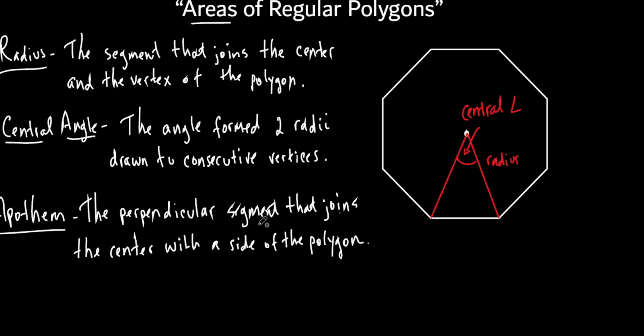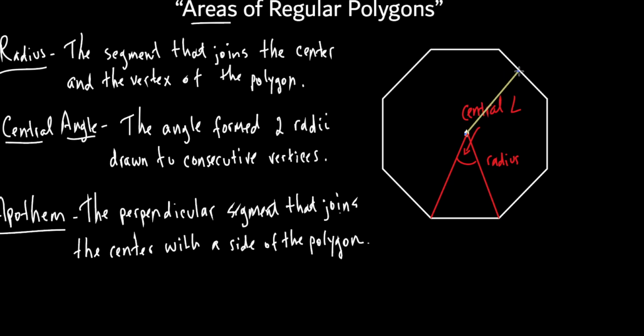All right. So what is it? It's a perpendicular segment that joins the center. So where am I going to start? At the center. Very good. The perpendicular segment that joins the center with a side of the polygon. All right. So I could go to here, couldn't I? I could go to there if it's perpendicular, right? I can't go to there. That's not perpendicular. You follow me? I'm not going to a vertex.